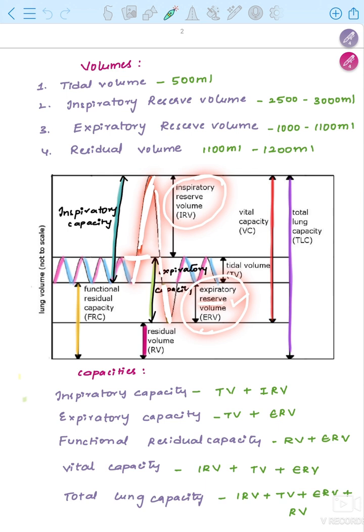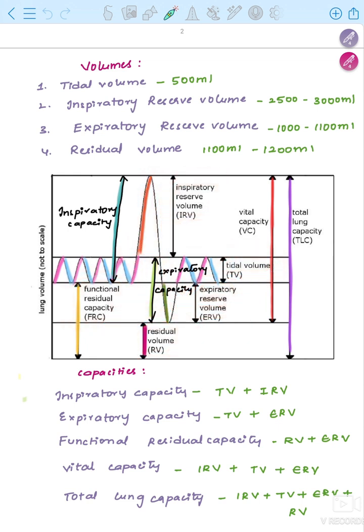So, tidal volume, inspiratory reserve volume and expiratory reserve volume. After forceful expiration, the volume of air remaining in the lung is known as residual volume. We know that functional residual capacity includes residual volume and expiratory reserve volume.